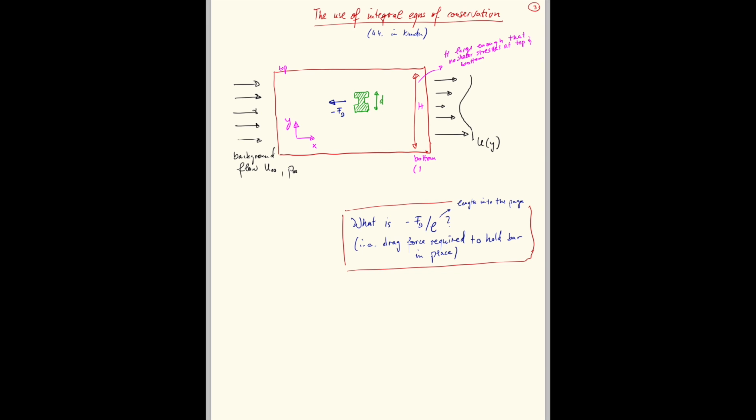And also at the top and bottom boundaries, the horizontal component of our flow is approximately U infinity. There is a non-zero vertical component, and that is because the streamlines around our bar will look something like this. So there will be flow out through the top and bottom surfaces.